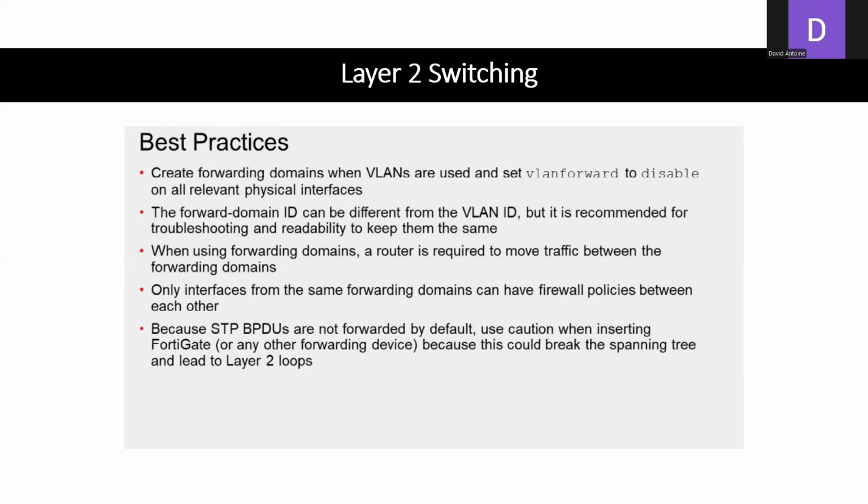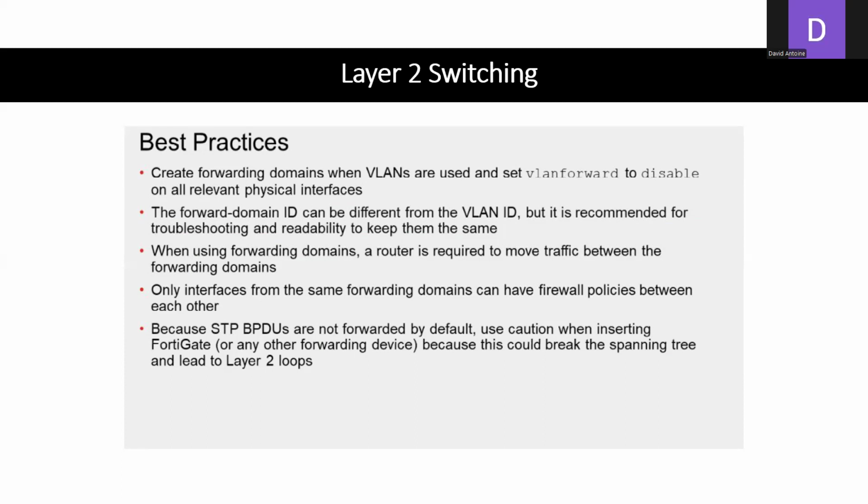When using broadcast domains, we'll use forwarding domains. When using forwarding domains, it's the same thing. A router is required to move traffic between the forwarding domains. This is very, very high level from Fortinet. Please just keep this in mind, but still lock it in so you can pass the exam. Only interfaces from the same forwarding domains can have firewall policies between each other.